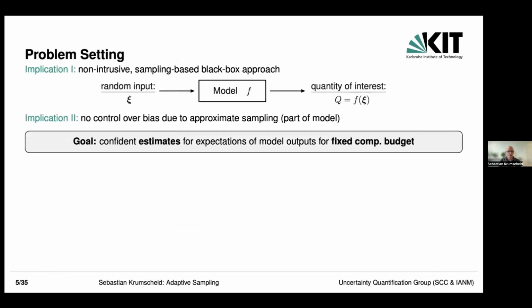Okay. So the setting is that we keep our assumptions to a bare minimum. We really want to do something in the black box approach. So we have some model, our complex model.